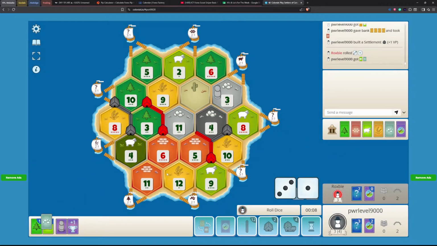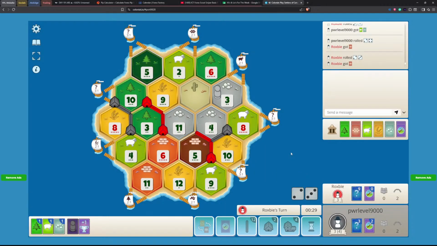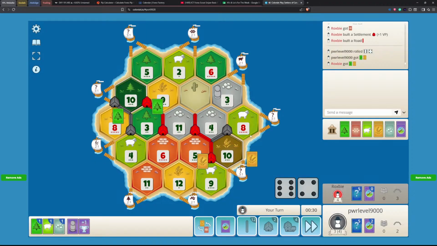Do a 3-to-1. Now we need to get this brick down here. Tree port is here as well. Let's go down first. We'll need to double up actually. I think that's probably better.